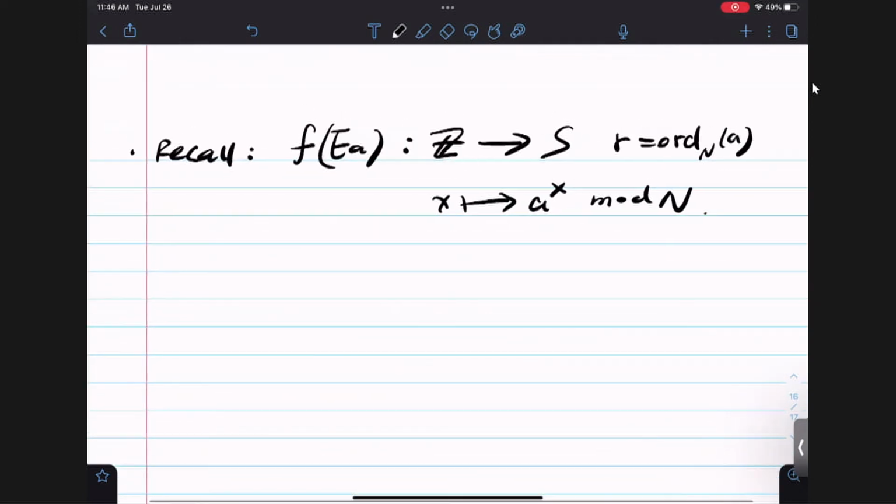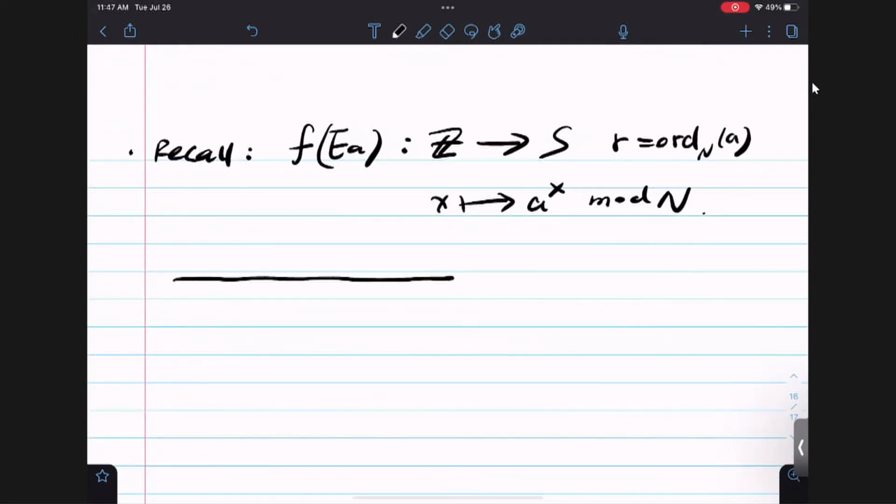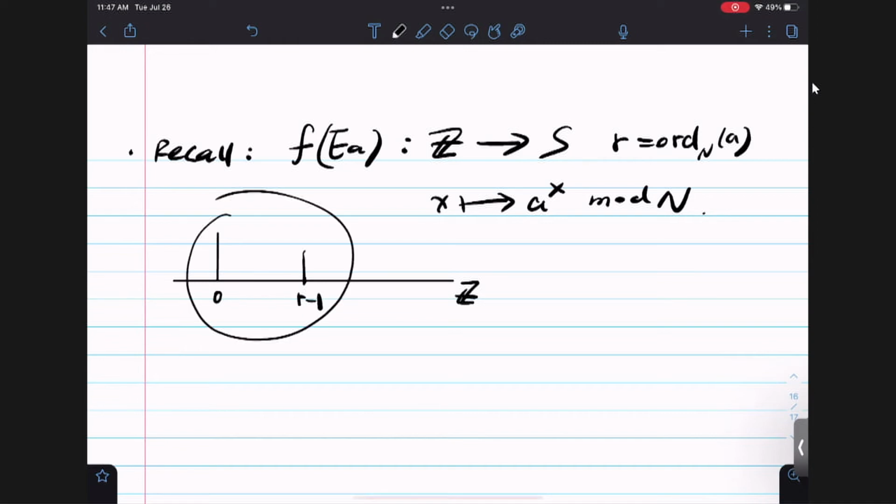As we observed, this function is periodic with period R. So if I plot this function very informally, I have 0 and R minus 1. This will be one period, so I have some function values. They are distinct on each input here. And then the same pattern will repeat itself, because it's periodic.